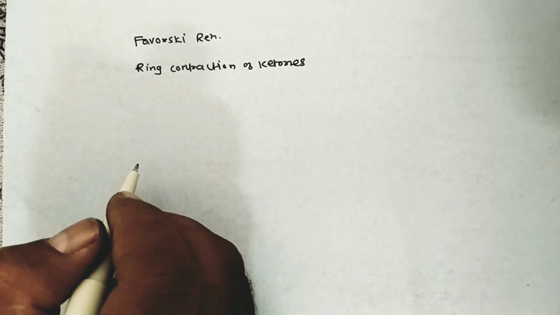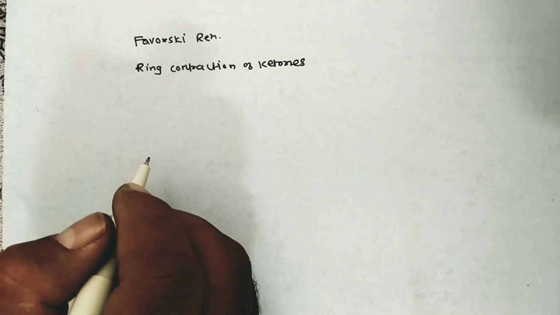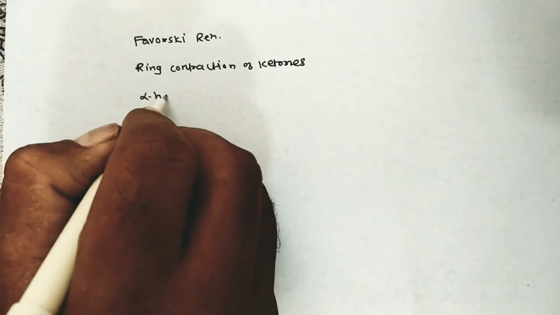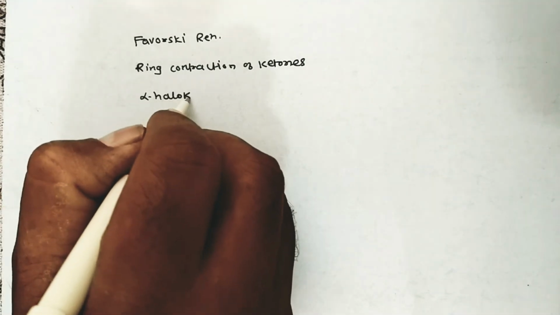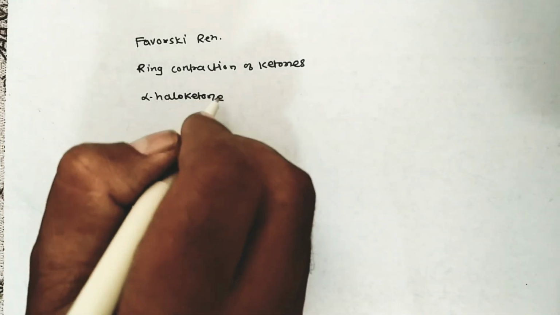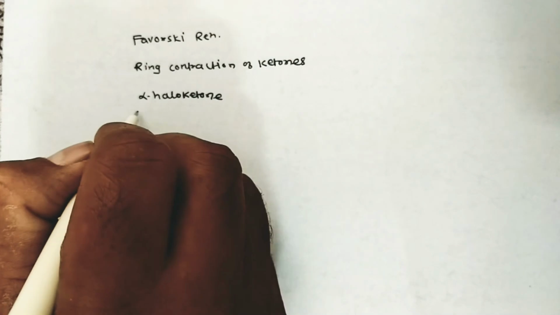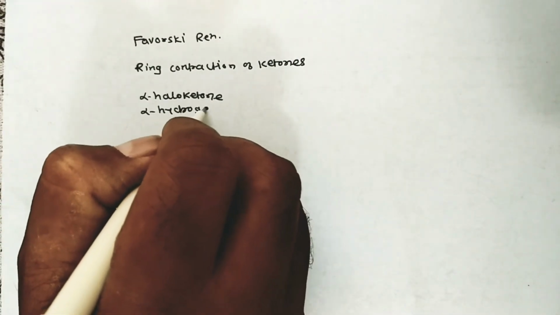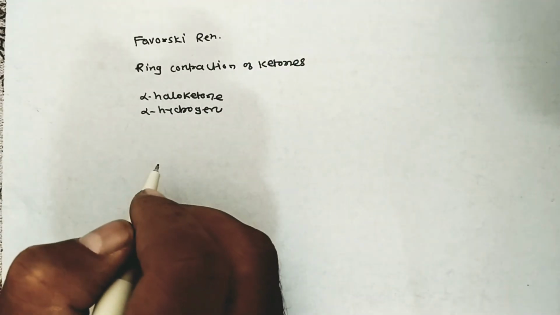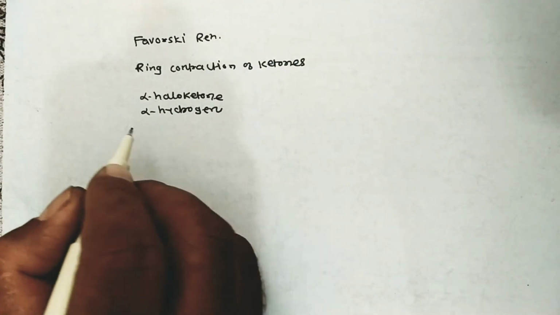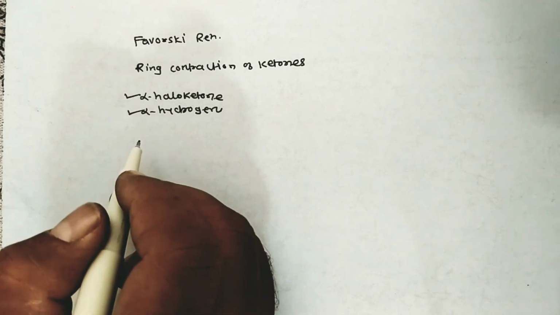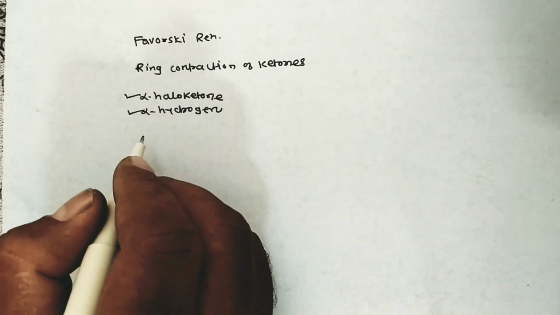The important starting material for this reaction is alpha haloketone and alpha hydrogen. The chemical demand is alpha haloketone with alpha hydrogen opposite to halogen atom.